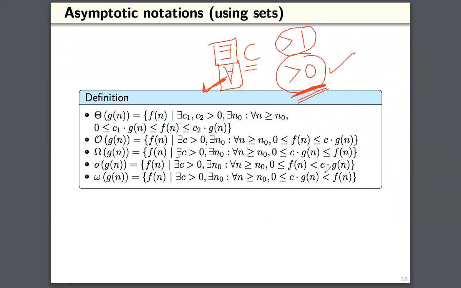Then it won't work because g of n is 2 times n, right? Yeah, so when you multiply by c, it will be smaller than f of n. We can't say for all c greater than 0 then. No. In the definition, if it is there, then that will be a counter example.